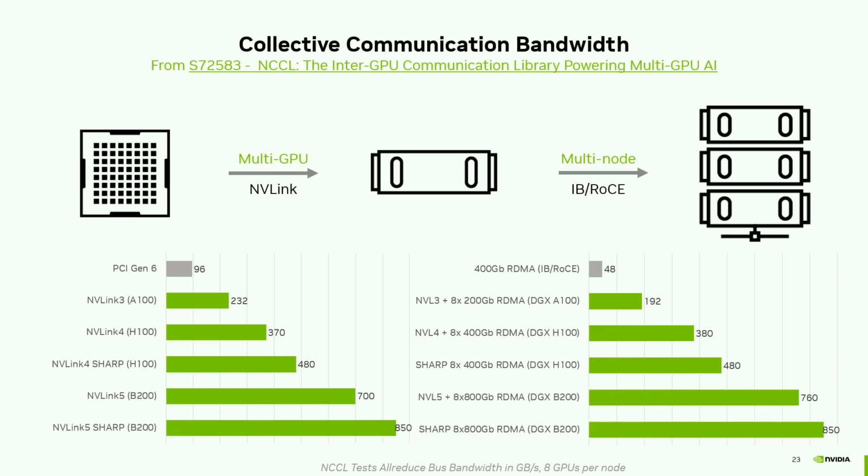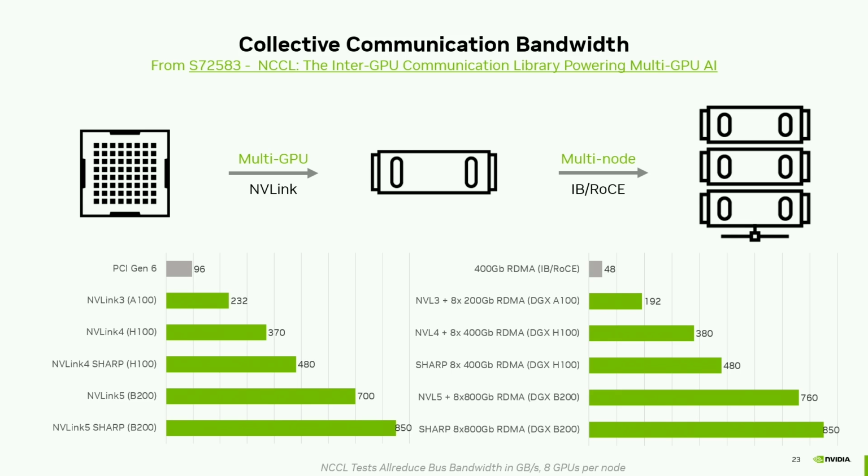So if you're more interested in NCCL, I would strongly recommend you watch the recording of my colleague's talk, Sylvain Jeaugey. He presented this on Monday, latest news on NCCL. And one slide he had here is showing the collective communication bandwidth achieved with the latest version of NCCL across generations.